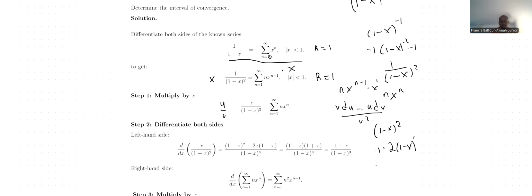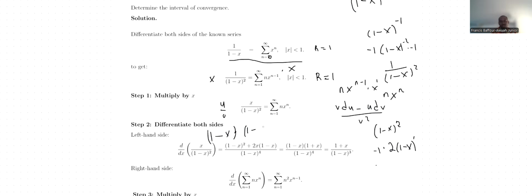If you simplify, you can take out a 1 minus x from both of these. And once you do that, on the left-hand side you're left with a 1 minus x, because there are two of them.